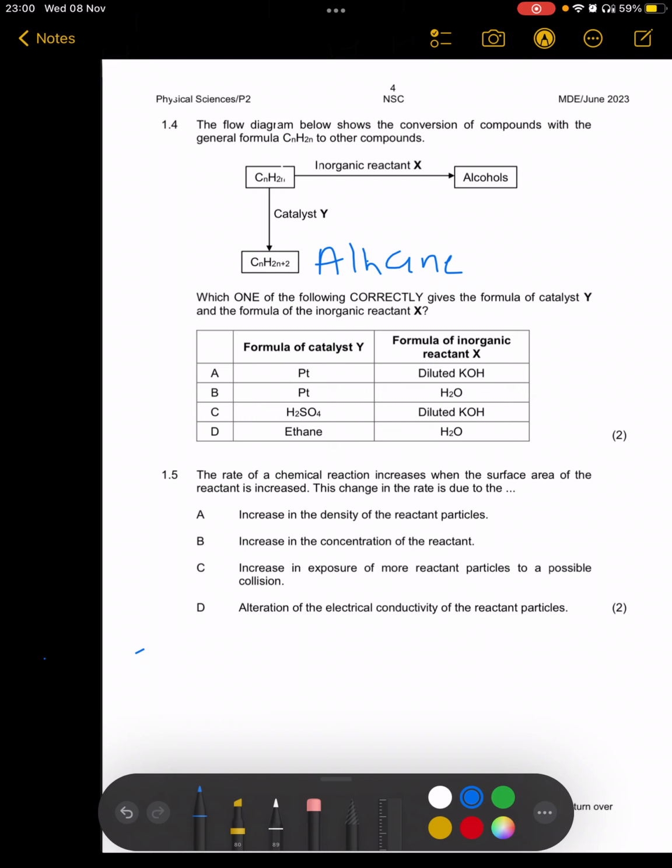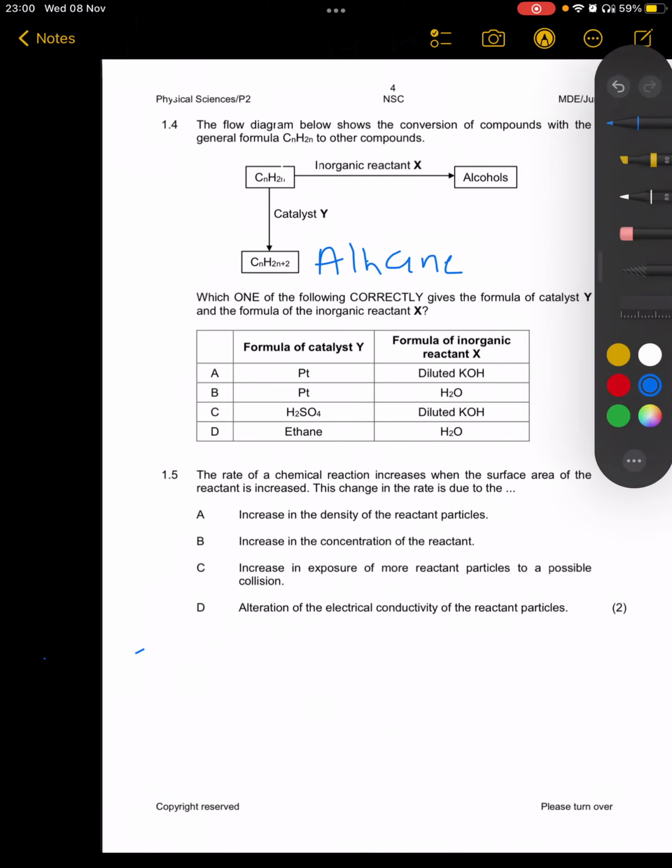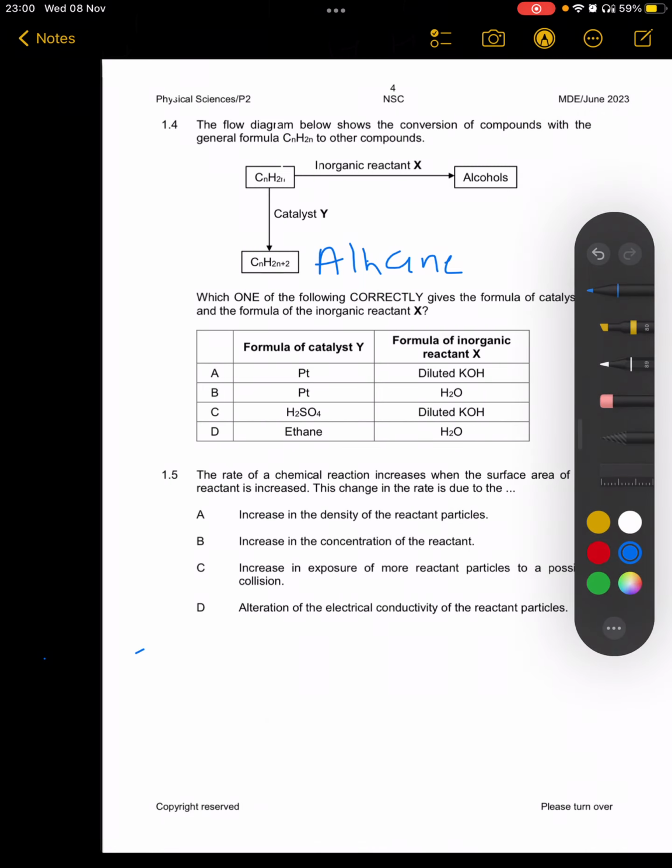We'll take a little bit of an example here and say, hey, my favorite alkene, how about if you react with an inorganic reactant to make an alcohol? To make an alcohol, you need an OH group and a hydrogen from an alkene. And the only way you can get that is by adding water.